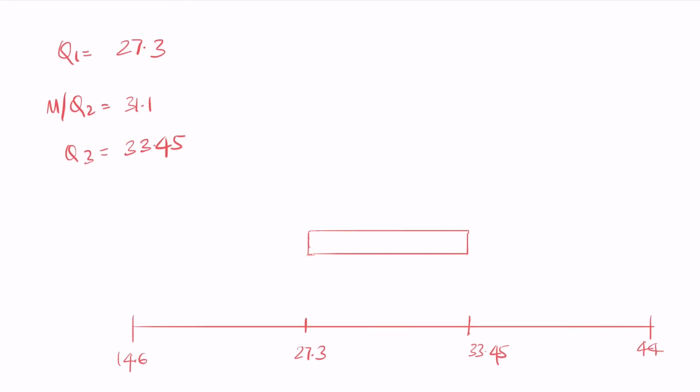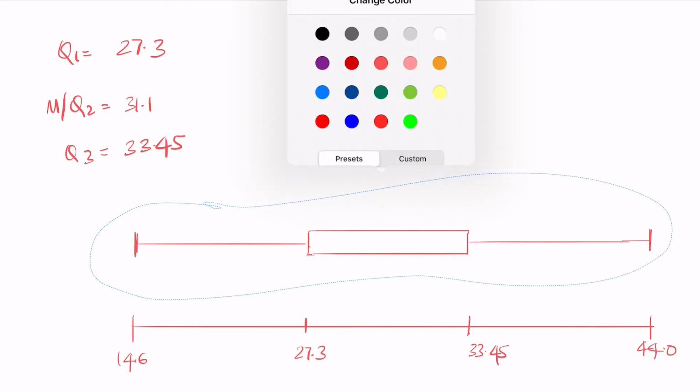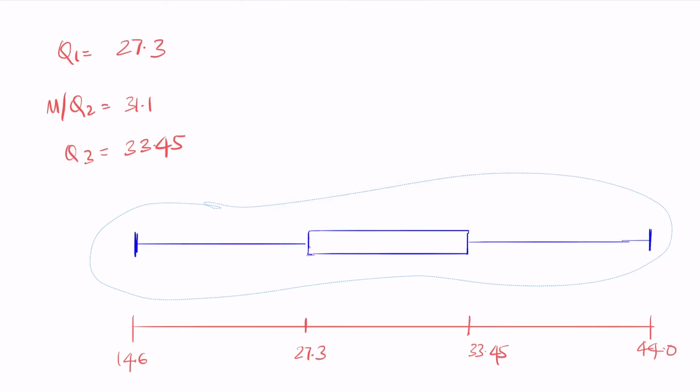So what we can do now is from the box draw a straight line until the edge, and draw a small vertical line at the edge.